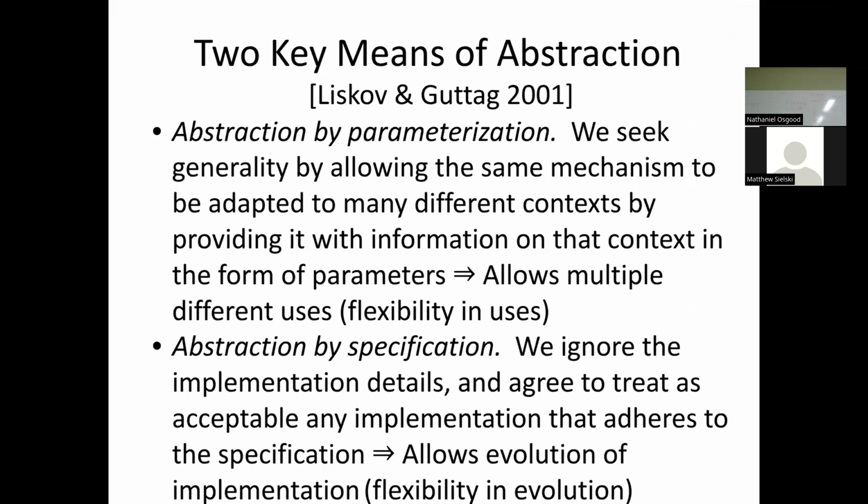The first of them was the one that I would surmise is most familiar to you from other classes. It's the one that immediately comes to mind if you think about an abstraction handling many particular cases, and that is we parameterize our abstractions to take different information to adapt them to different circumstances.